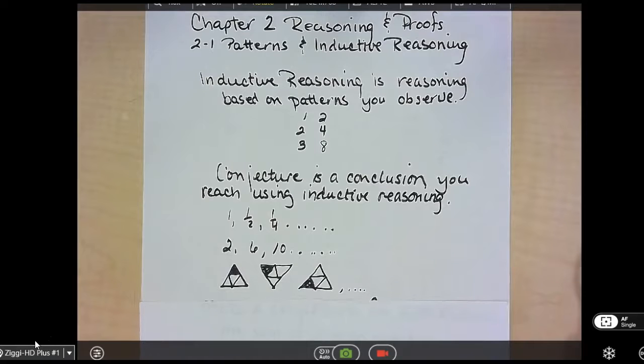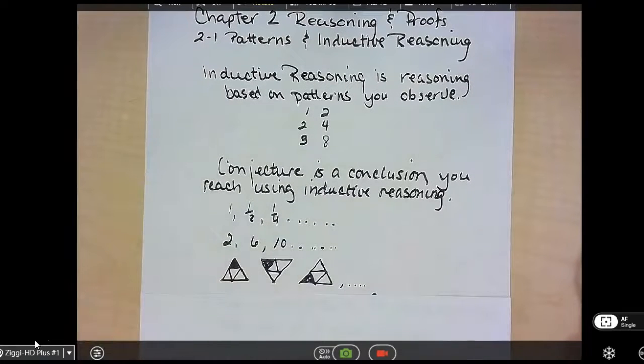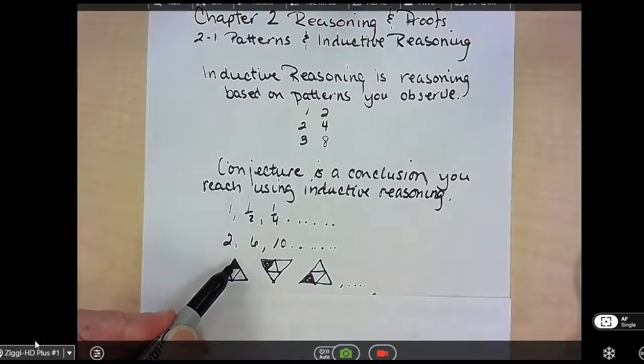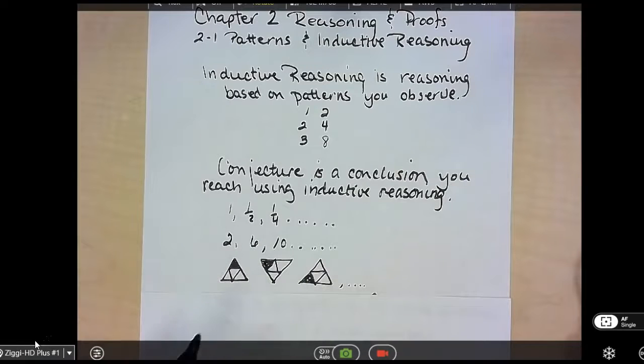Not always do you have numbers. You might have drawings. So in my triangle, I have the top point colored in, and then I have this side colored in, but it has turned. So what was at the top is now over to the side, and then what was there turns down here.